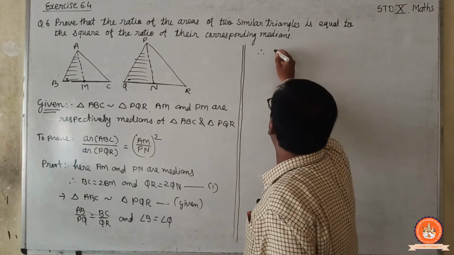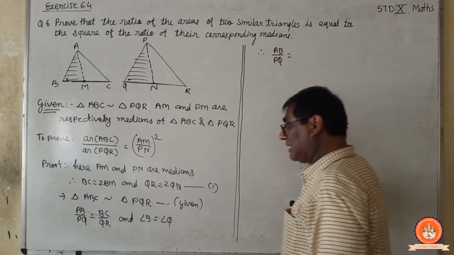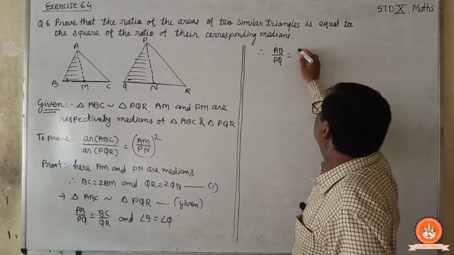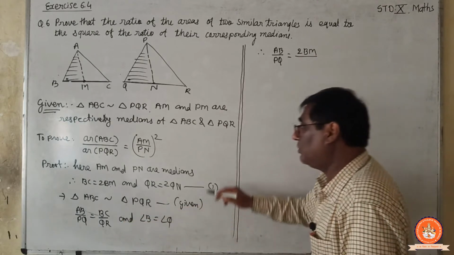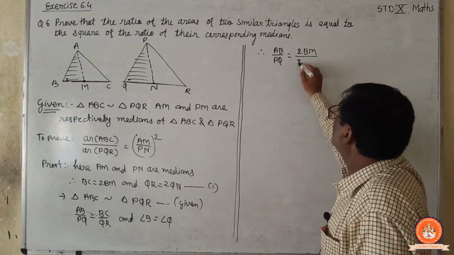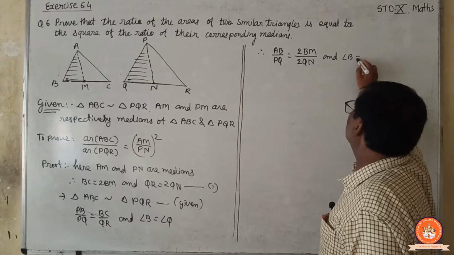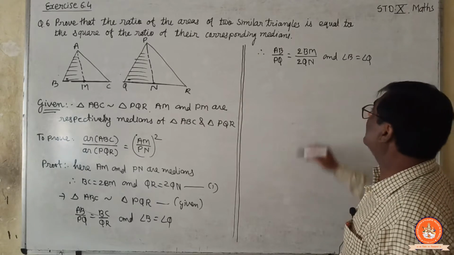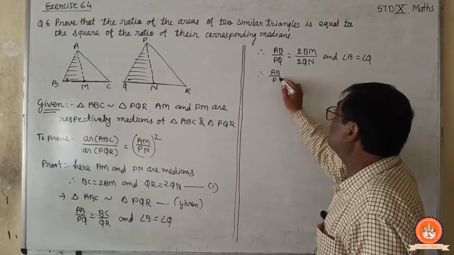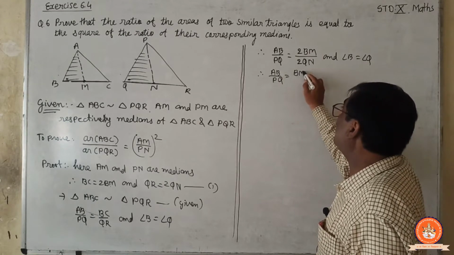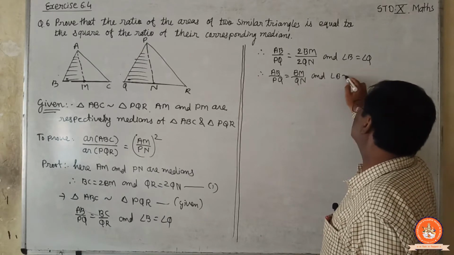So AB upon PQ will be as it is, and now in place of BC it will be 2BM, and in place of QR it will be 2QN, and angle B is equal to angle Q will remain as it is. Now if we cut these two, we get AB upon PQ is equal to BM upon QN, and angle B is equal to angle Q.